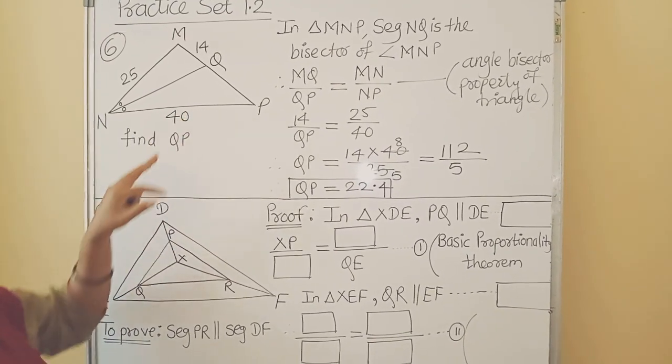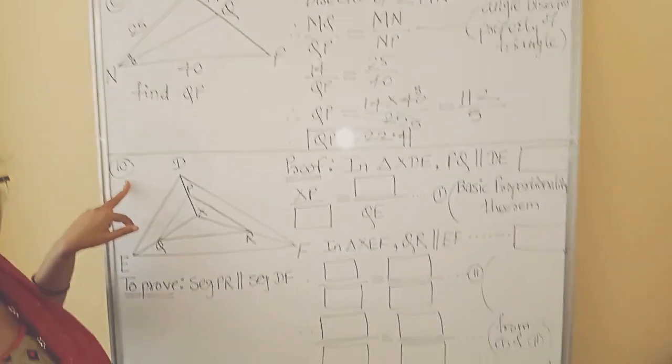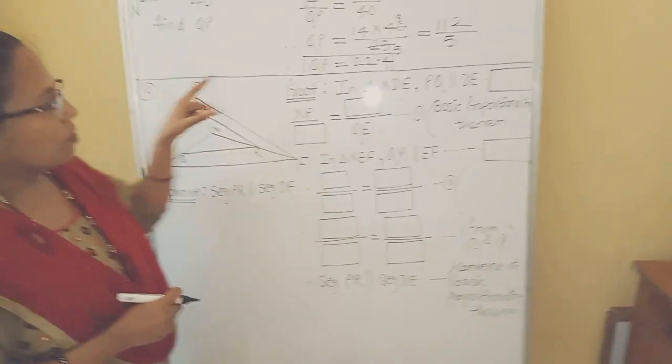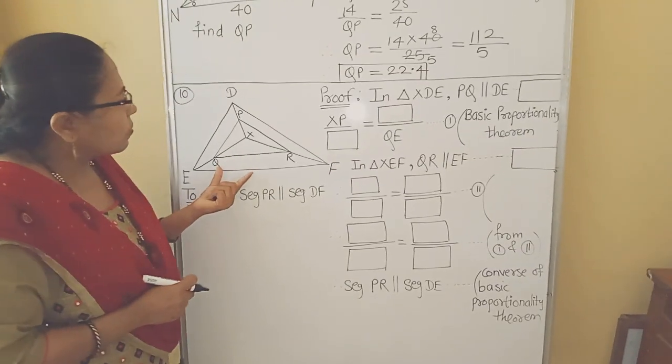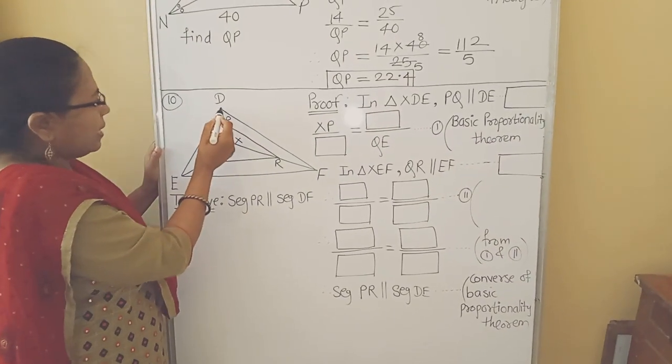Okay student? Now we will see one more example. Question number 10, which is activity based question. Here you can see there is one triangle DEF.